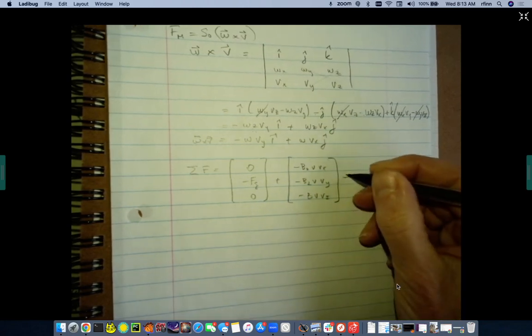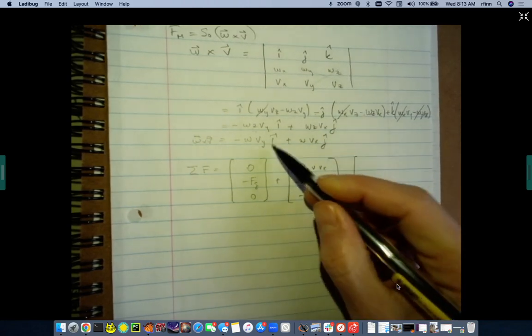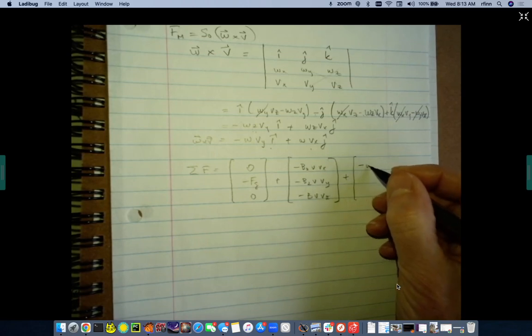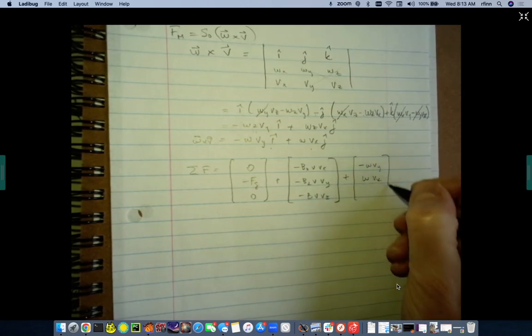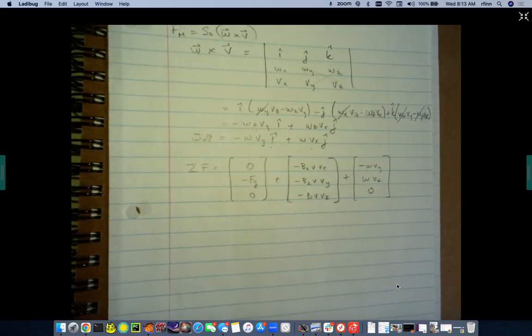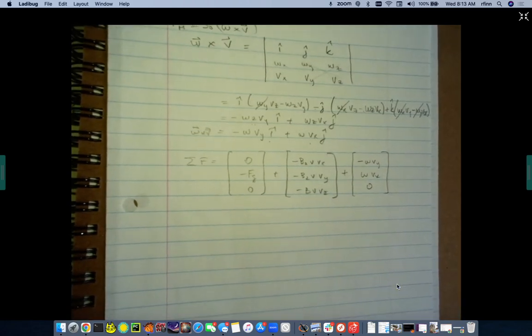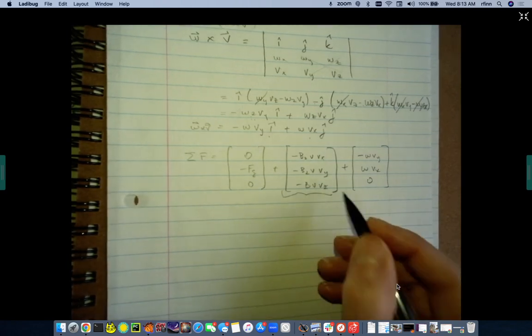And then we have our Magnus force, which is just going to have the x and y components. So it has negative omega Vy and omega Vx and 0 in the z. So the last thing to do is just add in wind. And that's really just going to affect the drag term.